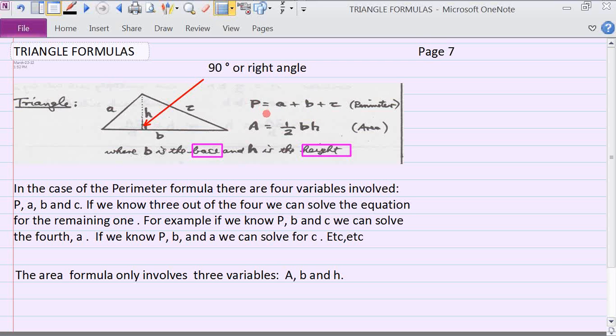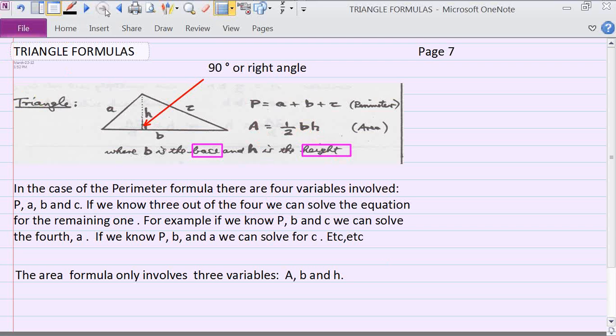If we know the perimeter and A and B, we can calculate for C. In the case of the area formula, there are only 3 variables involved: A, B, and H. In order to solve for any one of these, let's say we wanted to solve for H, we would have to know B and A.